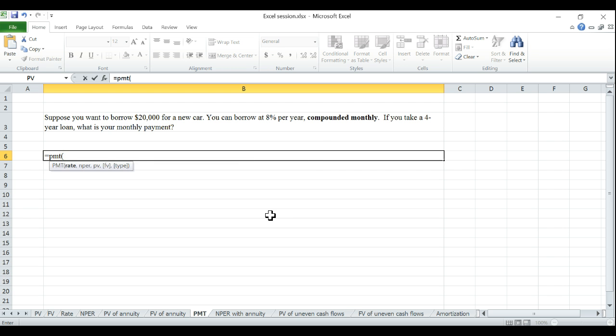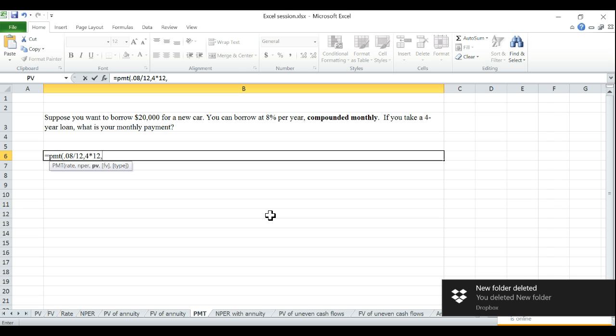Then we have the interest rate of 0.08, but that is for the whole year. So remember, we need the rate for the month. So that is 0.08 divided by 12. Number of periods, again, we have 4 years, but there are 12 months in every year, so that's times 12.